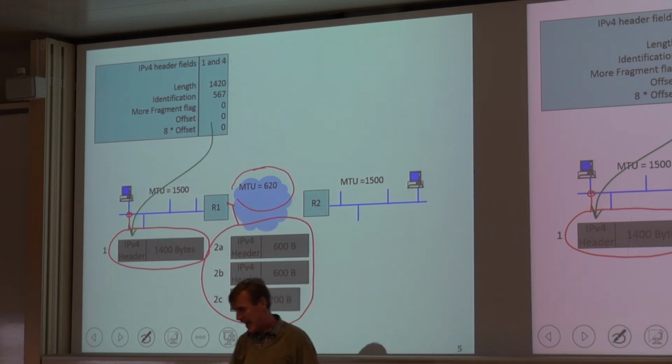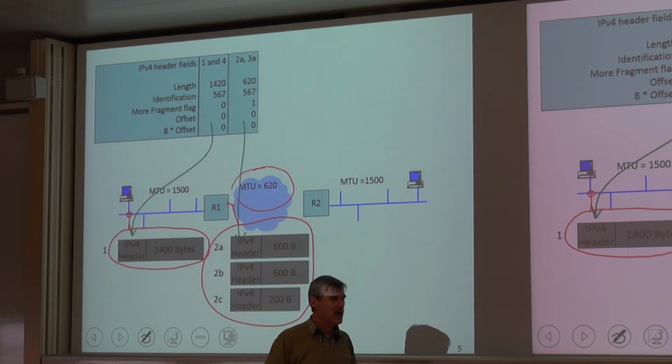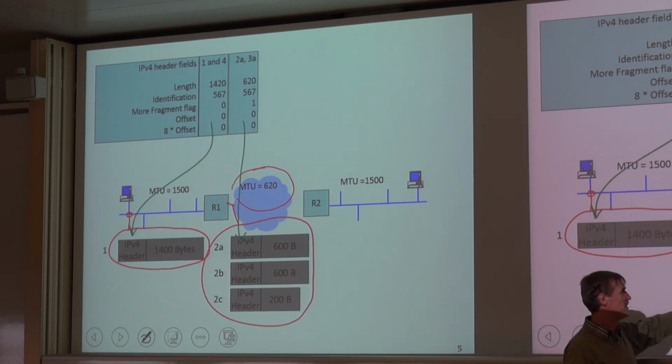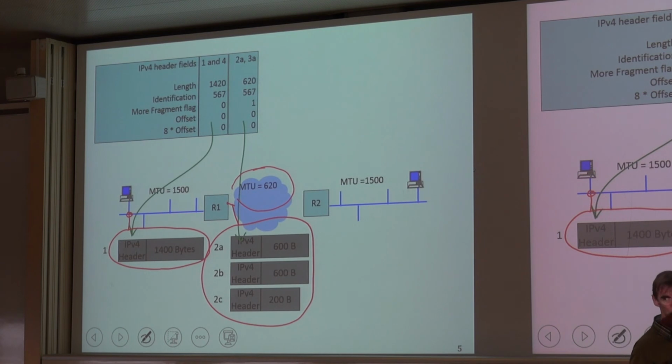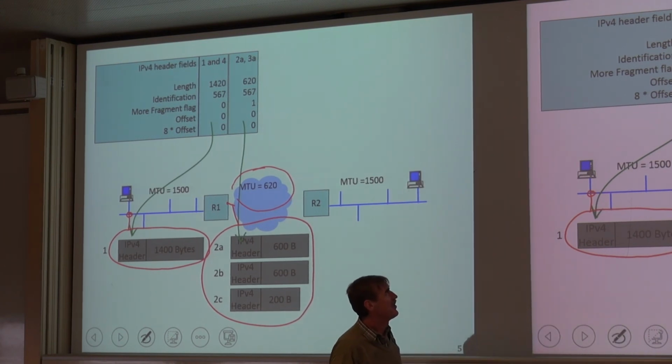If we look at what IP header does at this point, the header is essentially the same. The source and destination address are the same. But of course, there has to be something to indicate that we broke the datagram into 3 pieces. Those things are illustrated at the top. Those things are essentially the length and the more fragment flag and the offset.